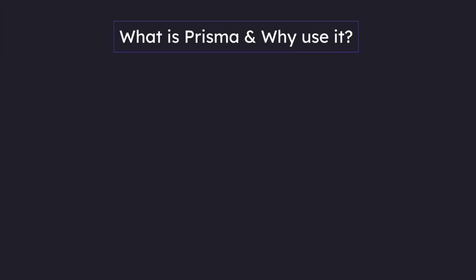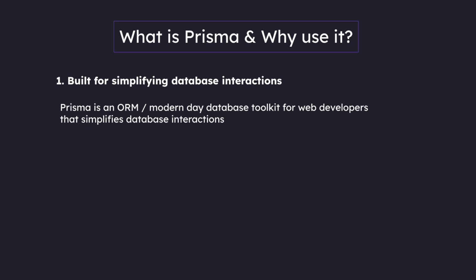So what is Prisma and why use it? Let's look at the first point. It is built for simplifying database interactions. Prisma is an ORM, or in other words, object relational mapper, or it can also be thought of as a modern day database toolkit for web developers that simplifies database interactions.